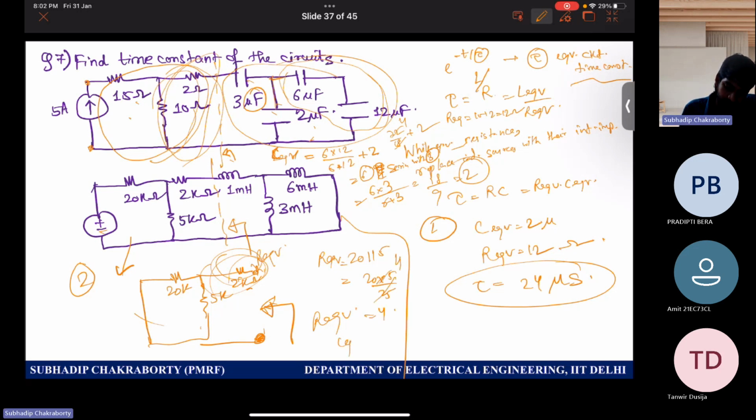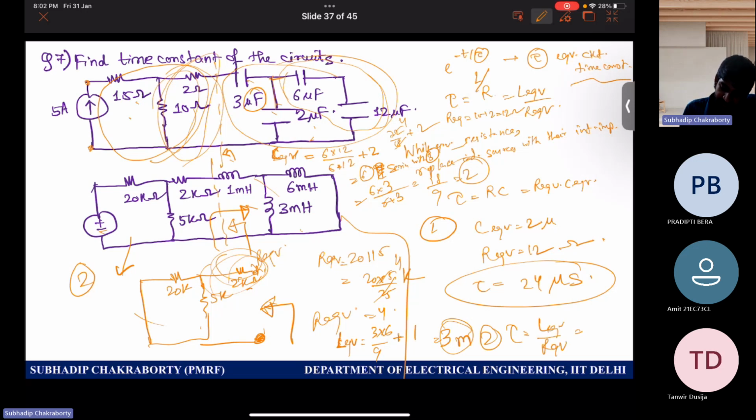So C equivalent, L equivalent, calculate. L equivalent you see from this side. So 6 is in parallel with 3. So 3 into 6 by 9 in series with 1. So 3, but milli. And this is milli and this is kilo. So tau for 2 is L by R equivalent.